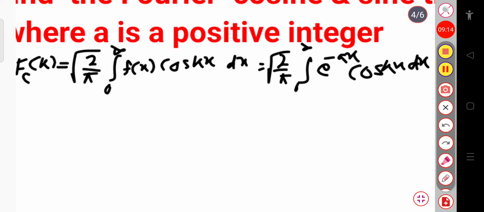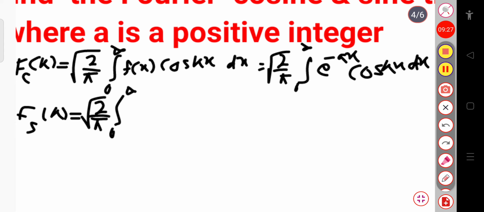And similarly for the Fourier sine transform, I can write fs of k equal to root over 2 by pi integration over 0 to infinity f of x into sin kx into dx. These are the basic formulas which you have to remember.